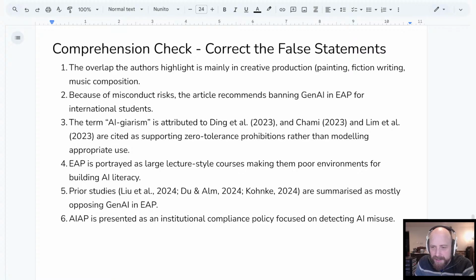Take a look at the sentences on your screen and take a moment to think about those. Try to correct the false statements. I'll give you a minute or two or longer to do that. If you're watching the video later, then you can pause the video now and take your time to try to correct those statements. So you need to correct the false information in each of those statements.